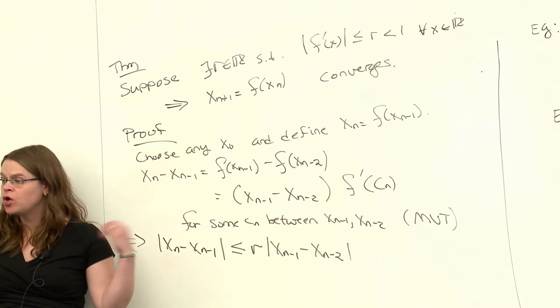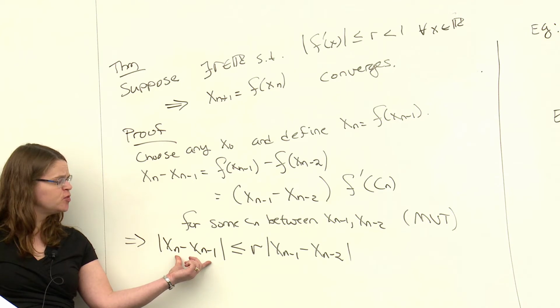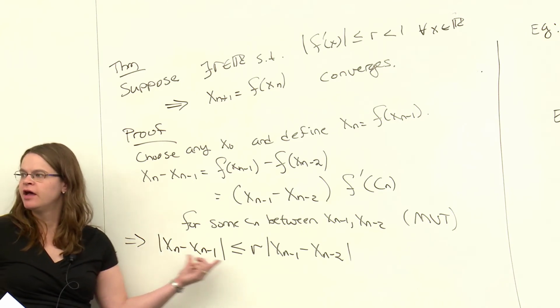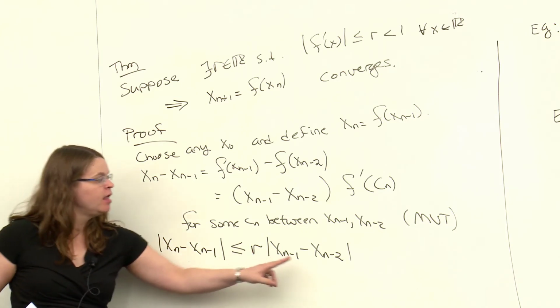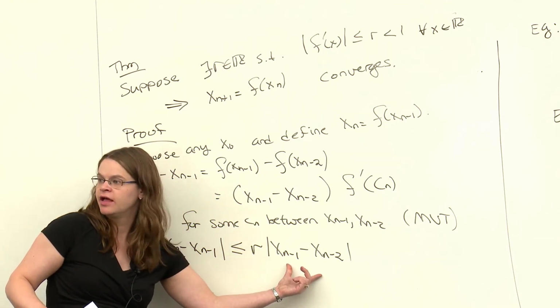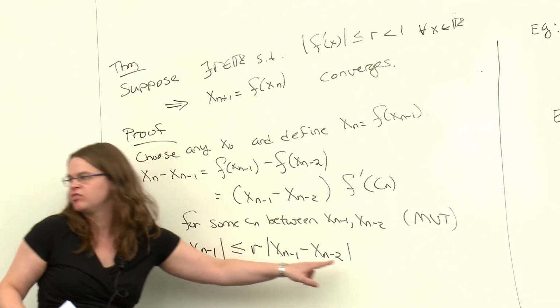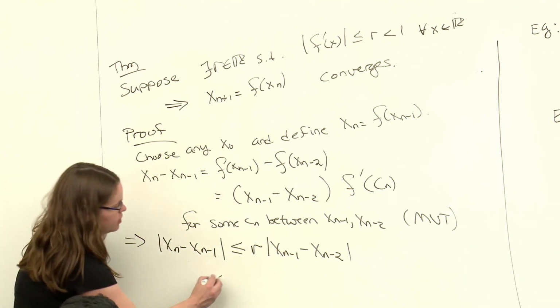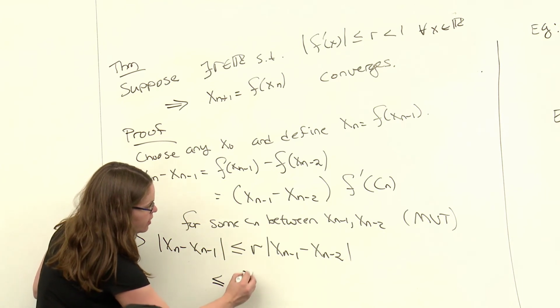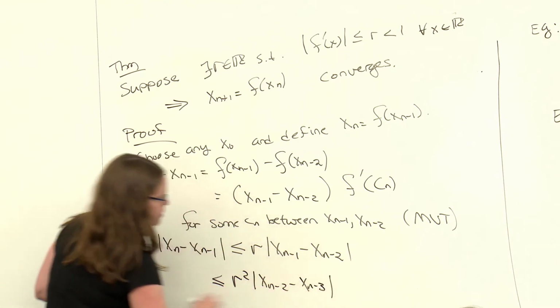And then I can keep going and marching backwards. This difference between two neighboring terms has a bound that depends on r and the previous two neighboring terms. I can do that again: this is less than r times xn minus 2 minus xn minus 3, which is less than r squared times xn minus 2 minus xn minus 3.